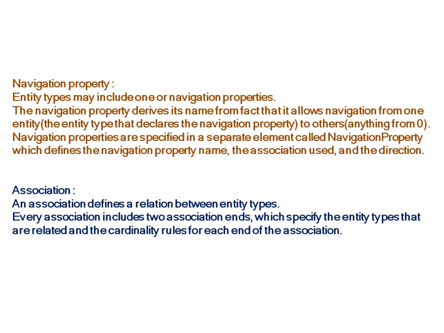An association defines a relation between entity types. Every association includes two association ends, which specify the entity types that are related and the cardinality rules for each end of the association.